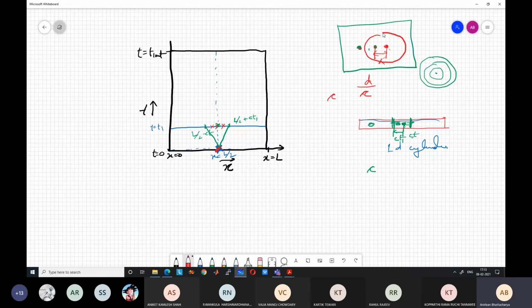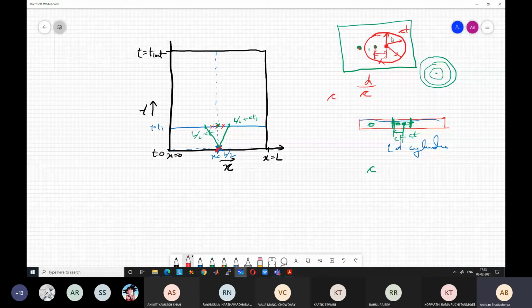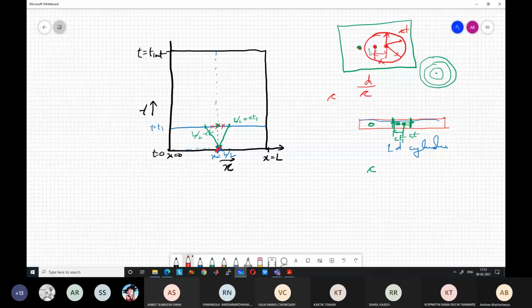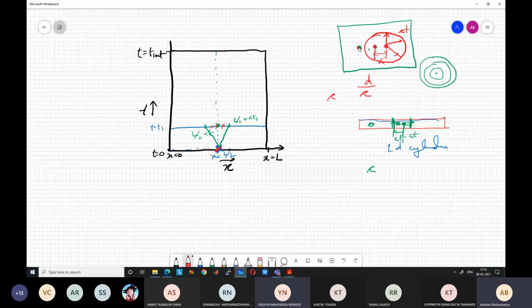It is going in all directions at the same speed, right? C into T. So the first person will feel the wave or not? Yes, sir. And the second person? No, he won't. He won't feel until the wave reaches him.